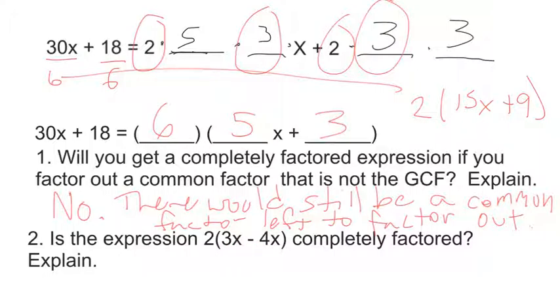Problem here is that there is still a common factor in here. What factor do both 3x and 4x have in common? They both have an x. Wait, so is it factored? It's not factored completely. It's factored, but not factored completely because there's still the common factor of x.